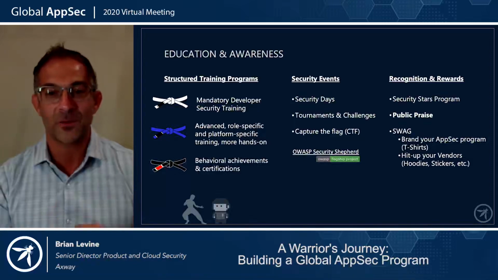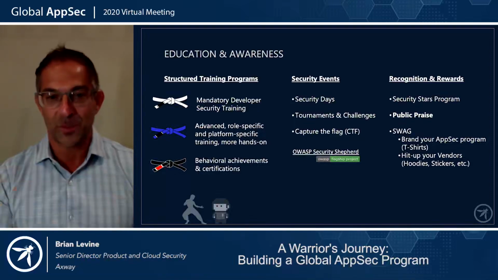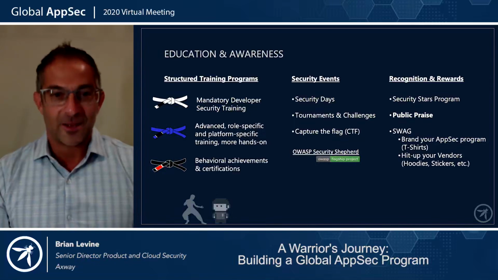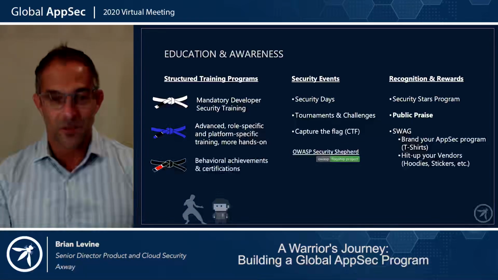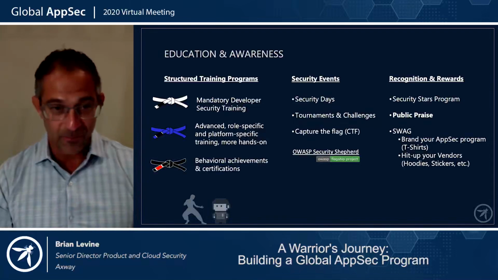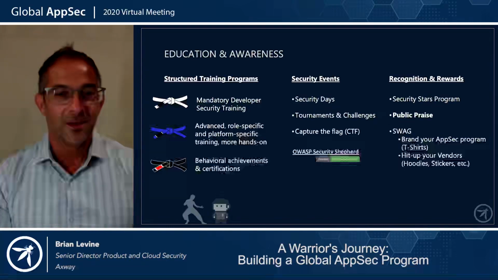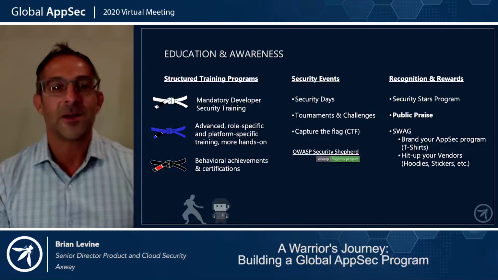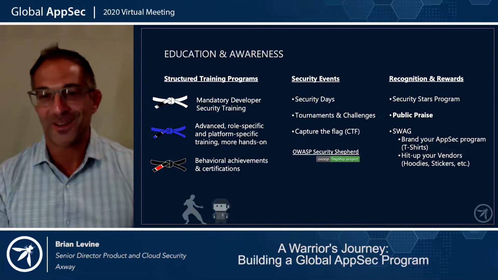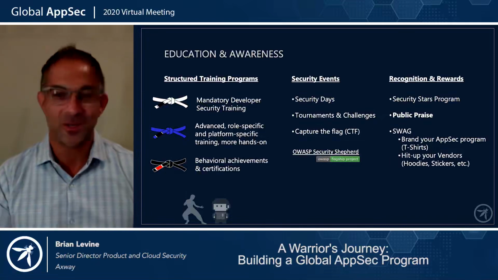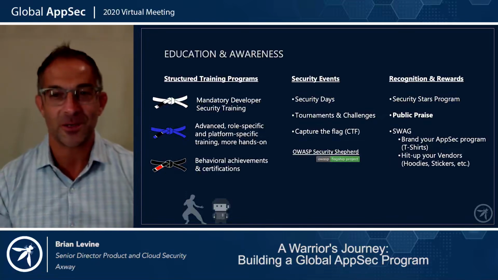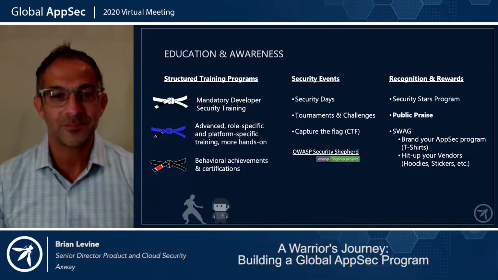This is a fun and engaging way to breed awareness and brand your application security program. Have t-shirts made, come up with a logo for your team, and share those as awards. And of course, hit up your vendors. They're a great resource for hoodies, stickers, and other fun giveaways.